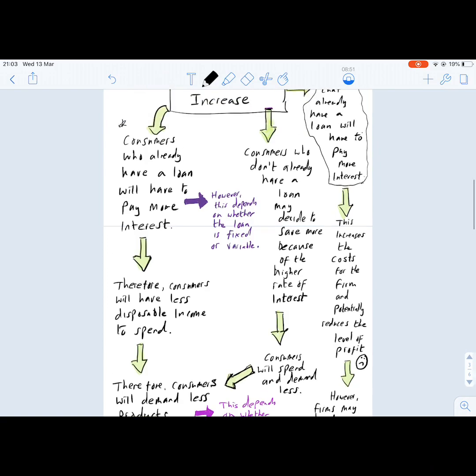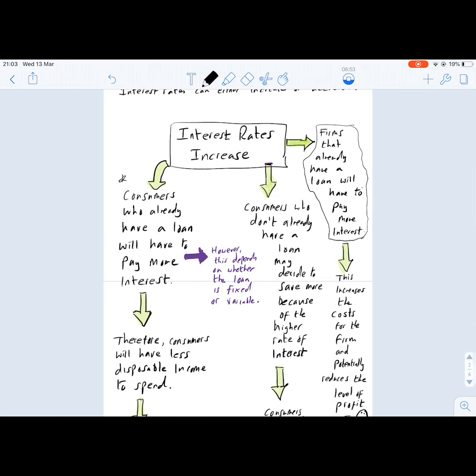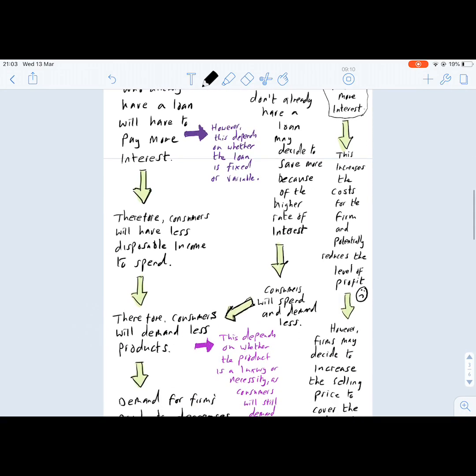Right, now let's have a look at the final bit of the flow diagram. Let's look at it from the viewpoint of the firm. So let's look at the scenario that firms already have a loan. If interest rates go up, firms that already have a loan with the bank would have to pay more interest.